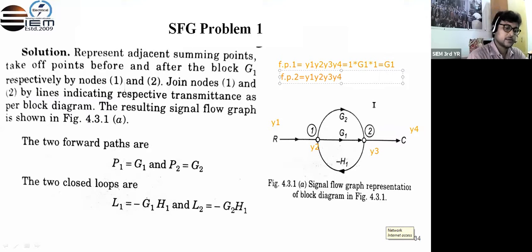Okay, so it is also 1 into g2 into 1, so equals to g2. Okay, so this is the case. y2 to y3. Okay, upper direction, this is the direction.